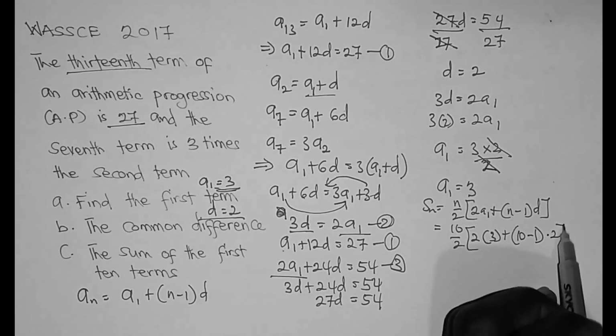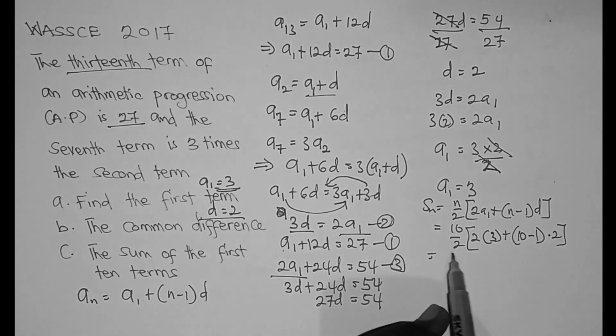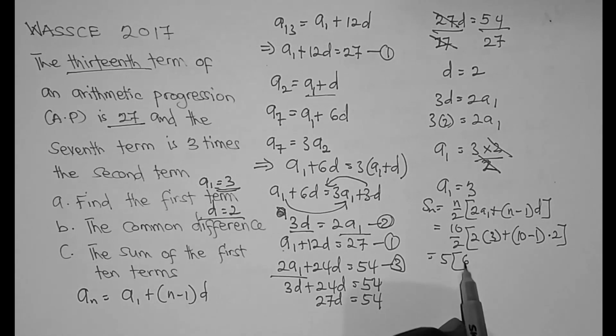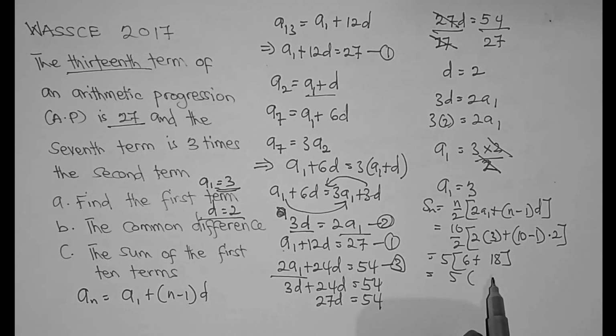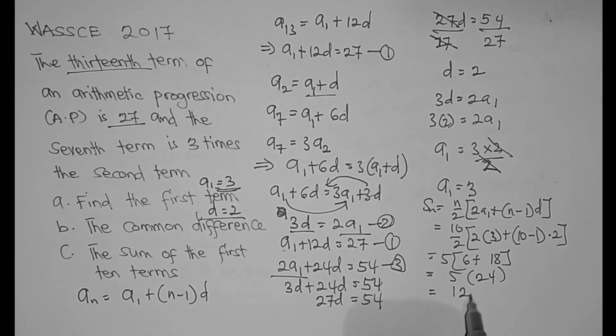So 10 divided by 2 is 5, times (2 times 3 is 6, plus 9 times 2 is 18). So this is equal to 5 times (18 plus 6), which equals 24. And 24 times 5 equals 120.